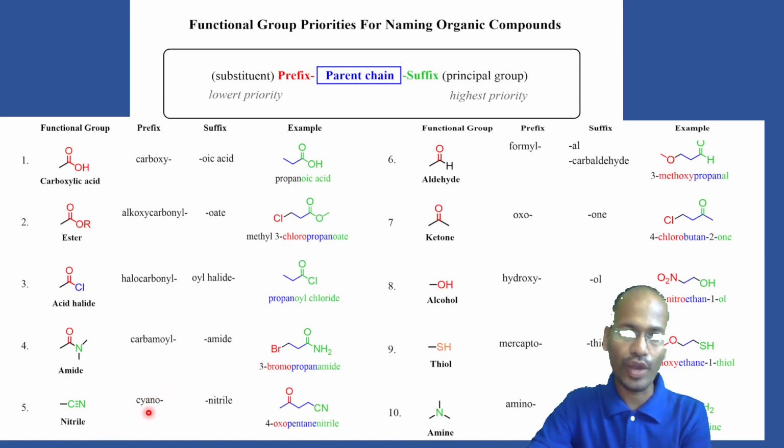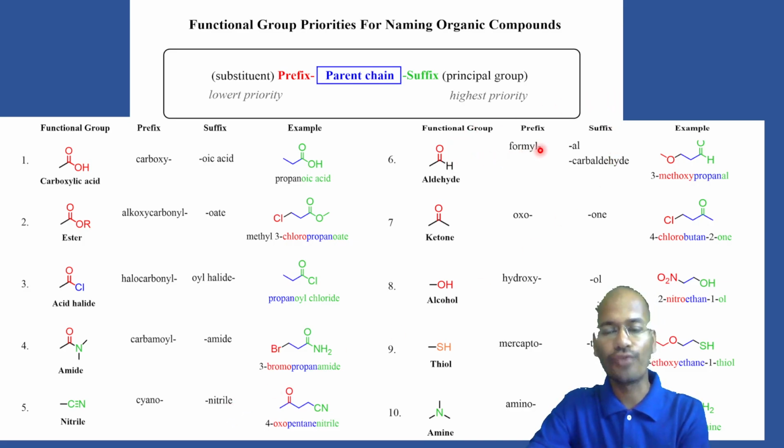Nitrile, cyano as a prefix and nitrile as a suffix. Aldehyde, formyl as a prefix and al or carbaldehyde as suffix. Ketone, oxo as a prefix, one as a suffix. Alcohol, hydroxy as a prefix, ol as a suffix. Thiol, mercapto as a prefix, thiol as a suffix. Amine, amino as a prefix, amine as a suffix.